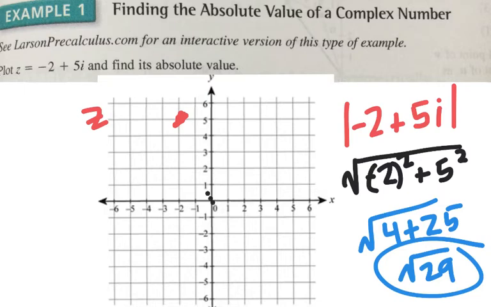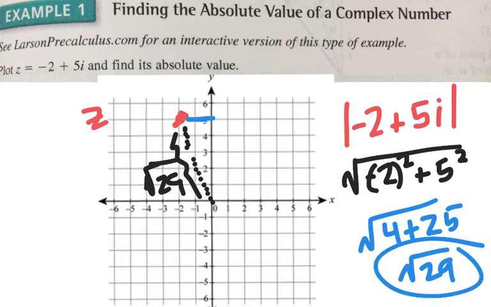Well, if I go from the origin to that point, that's a distance of radical 29, if you were to draw a straight line from the origin to that point. Because what do you have?